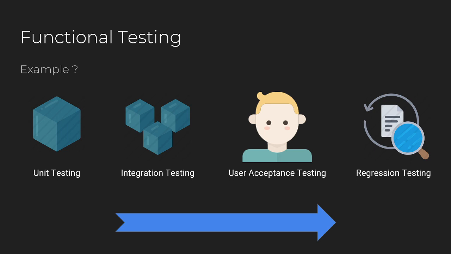But is it what the user requires? To put it simply, UAT is just making sure that, with all of the testing before, the application at this point meets the requirement of the user.